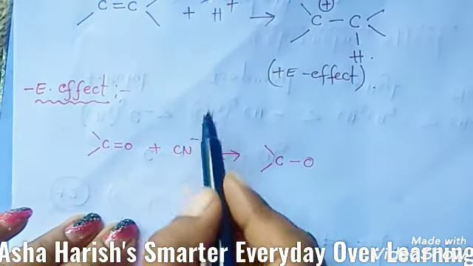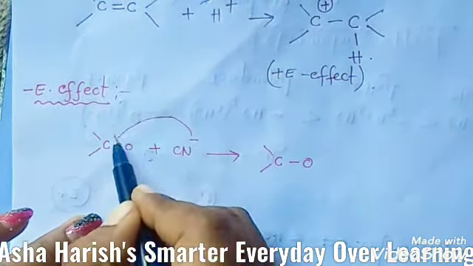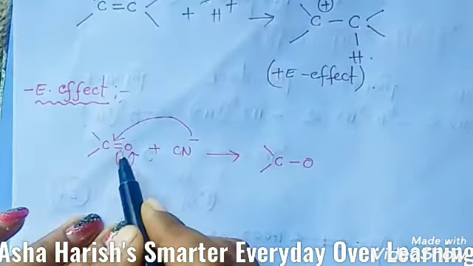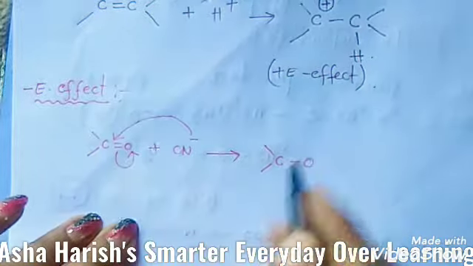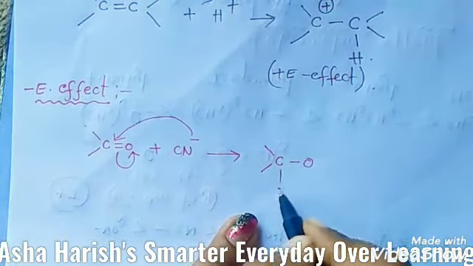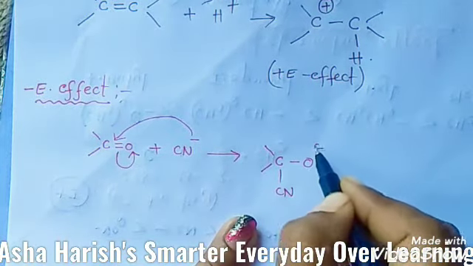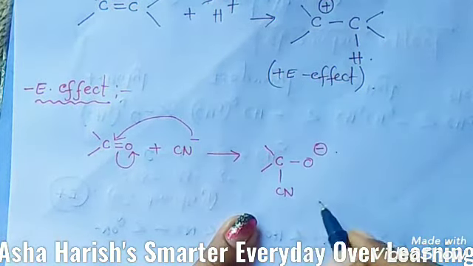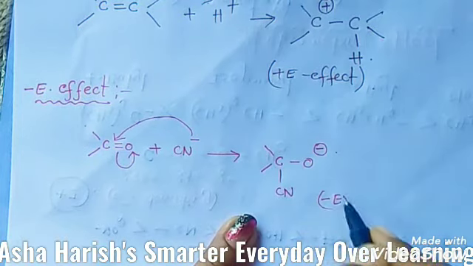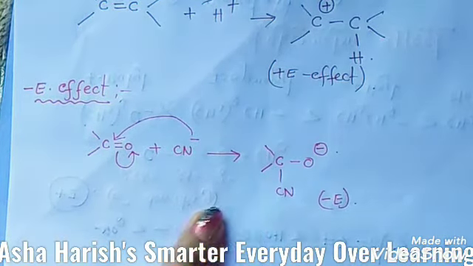For suppose this ion is transferred to here, then this is from the double bond to this group only. Then students, here this CN is attached here, and due to this here one ion has been formed. So this is only known as minus E effect.